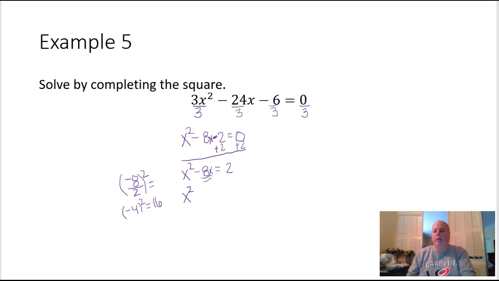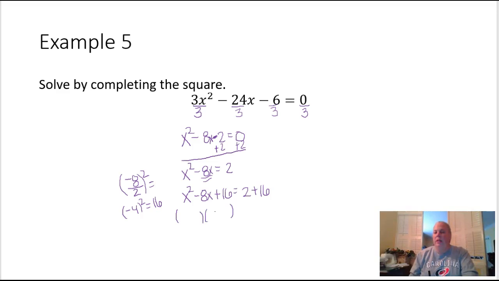So we got x squared minus 8x plus 16 equals 2 plus 16. All right. So on the left here, we're going to factor this side, and then I'm going to combine my like terms over there on the right-hand side. Okay, so on the left, we are looking for things that will multiply and give me positive 16, but they'll add together and give me negative 8.